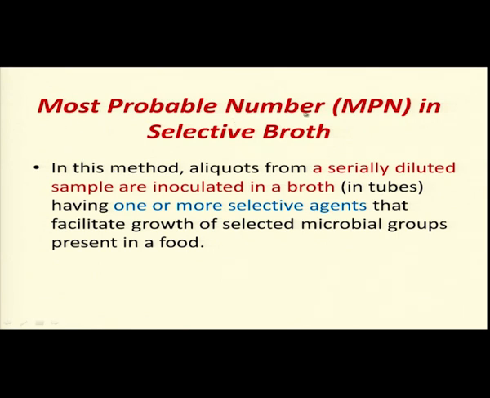The next method is the most probable number, or MPN, in a selective broth. In this method, aliquots from a serially diluted sample are inoculated in broth in tubes, having one or more selective agents that facilitate the growth of the selected microbial groups present in the food. What is the difference between the previous method and this method?